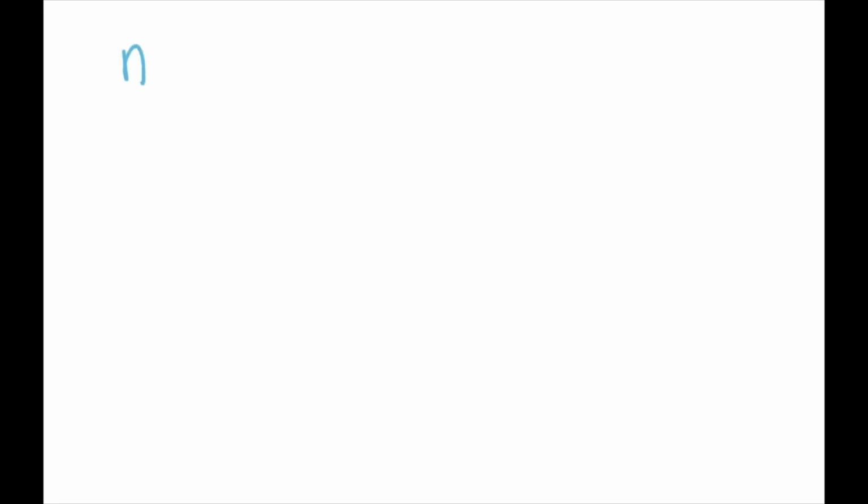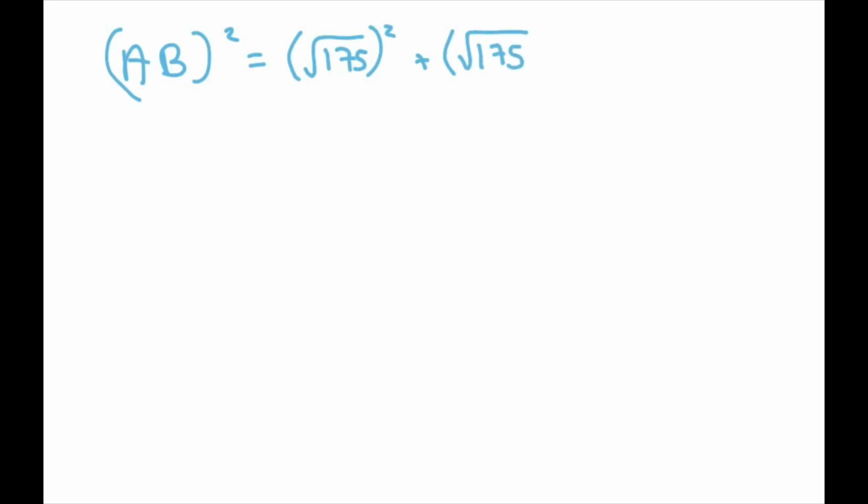We have AB squared equals your first side. The sides are the same, so it's your radius. And then do the same thing for your second one. Minus 2 times those. And then you're going to have cosine of 2 pi over 5. And don't forget, these should be square roots.